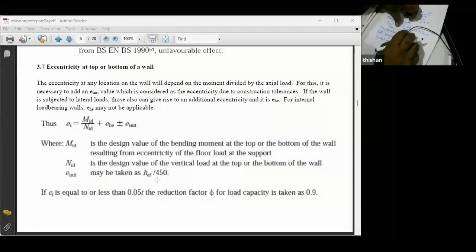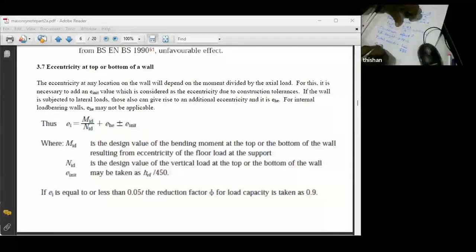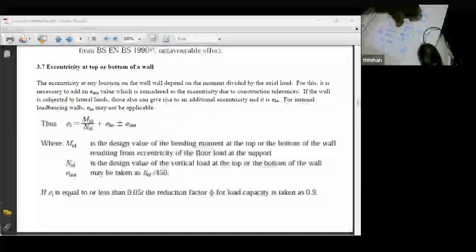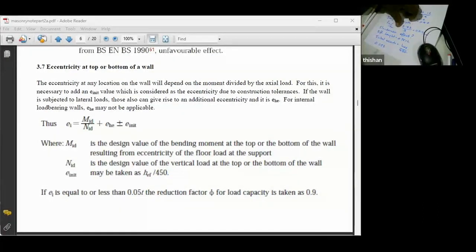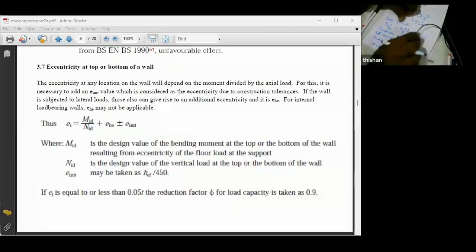So we allow a small eccentricity, but if it is less than or equal to 0.05 t, then it says the capacity reduction factor for the load capacity is taken as 0.9, but we have to see where we stand on that account. So we have that information. Now with the available information, let's do a few more calculations.